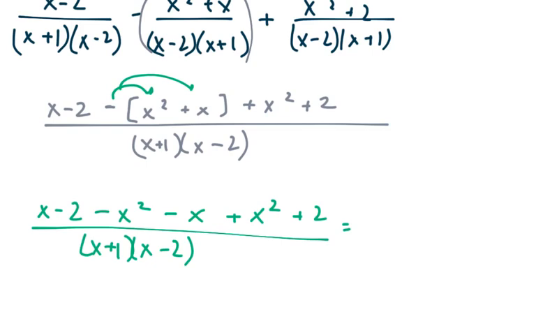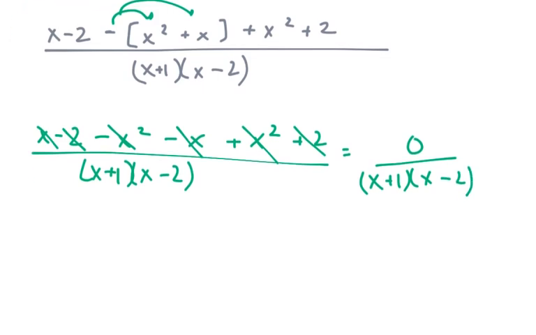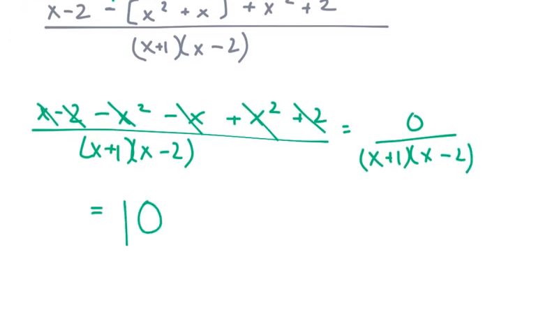Well, let's see. 2 minus 2 cancels. Negative x squared plus x squared cancels, and x minus x cancels. So we're actually left with 0 over x plus 1 times x minus 2, and that's just going to give us 0, because 0 divided by anything is 0.